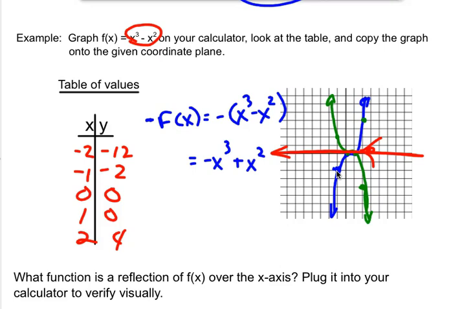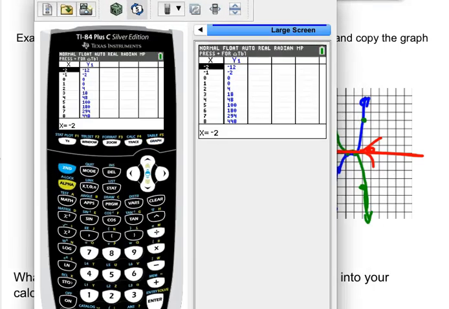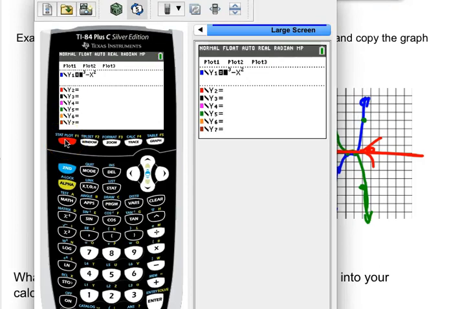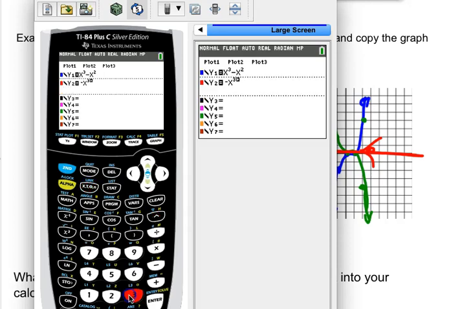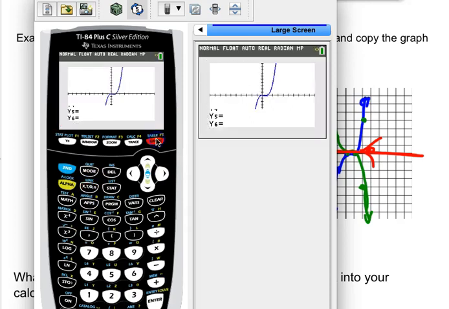That should be the transformed function, -x³ plus x squared. And let's try that in the calculator here. So I'm thinking -x³, x cubed, arrow to the right, plus x squared. Let's see what happens.